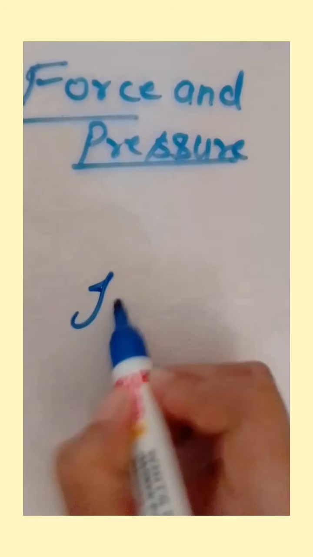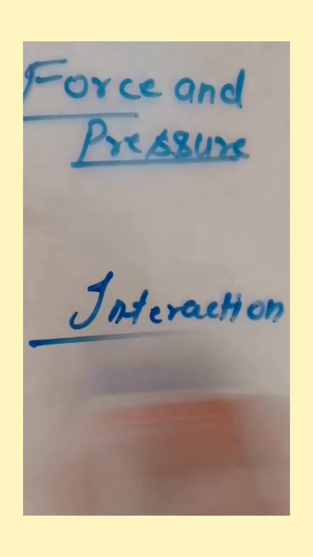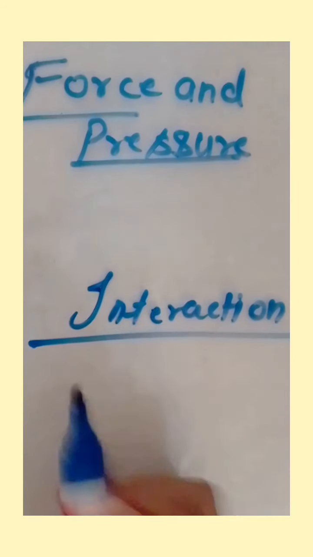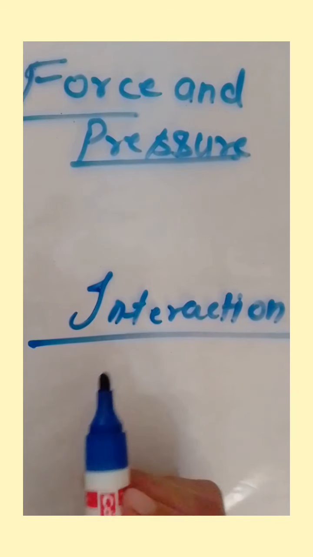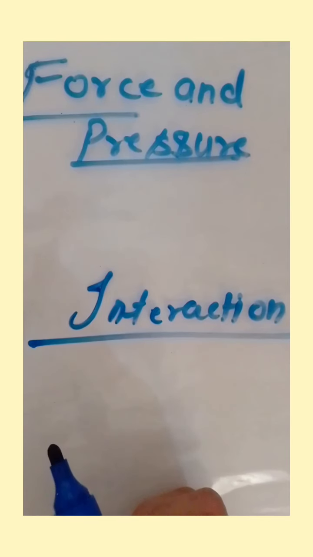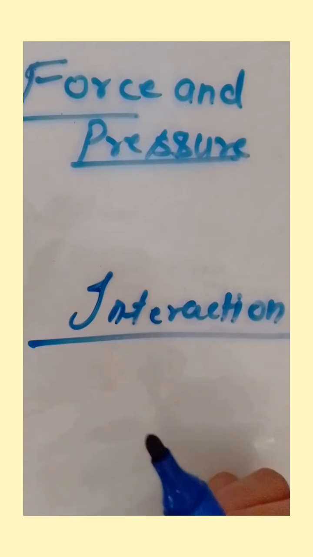So simply, what is force? Push or pull. Now, how does it occur? It occurs by interaction between two objects. Means if I push any ball, then there is contact between my hand and the surface of the ball. So it means this force results from the interaction with another object.